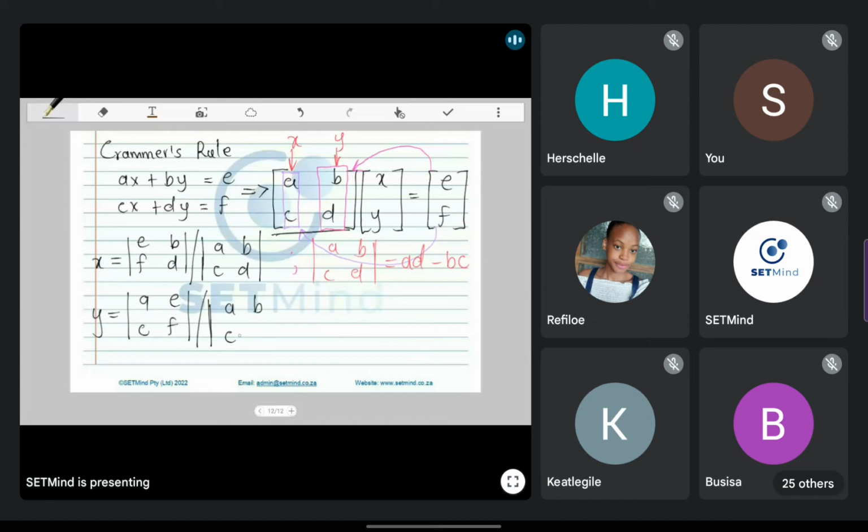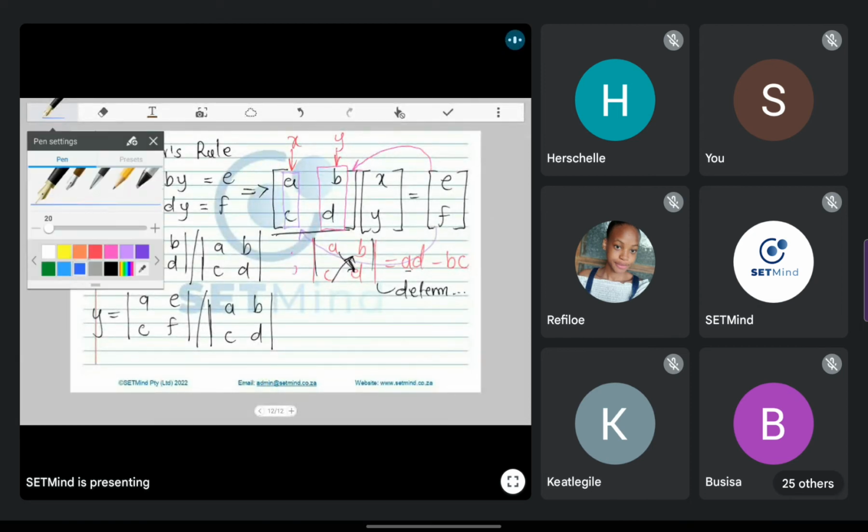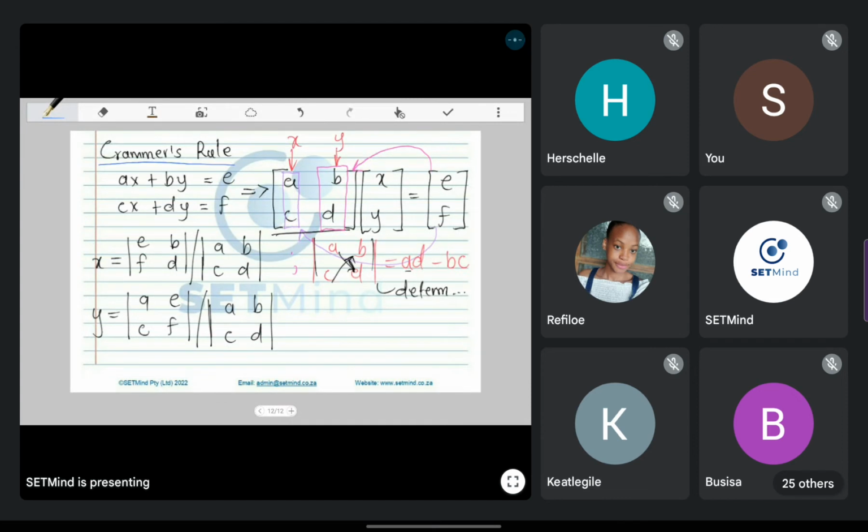These straight lines simply mean the determinant, and you find it by doing this multiplied by that. I hope this is clear. So that's what I wanted to say when it comes to solving your matrices. You can literally use Cramer's rule on any matrix you come across.